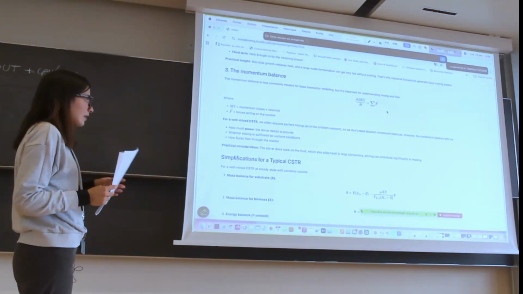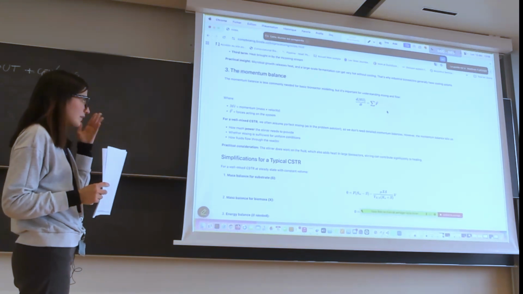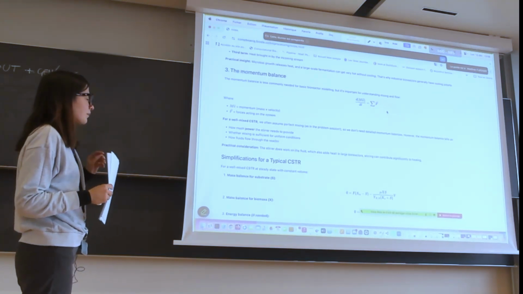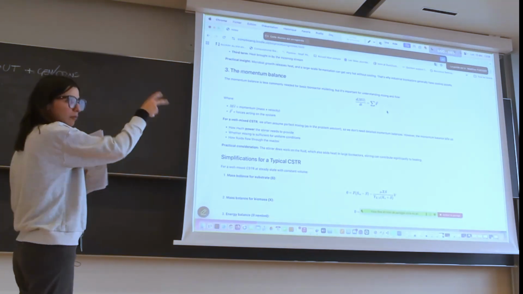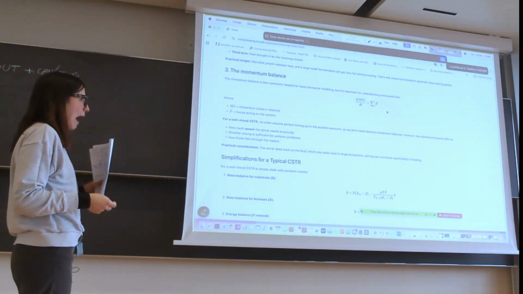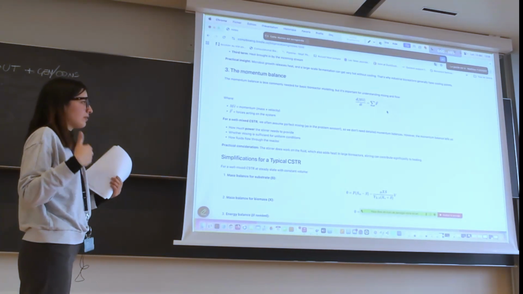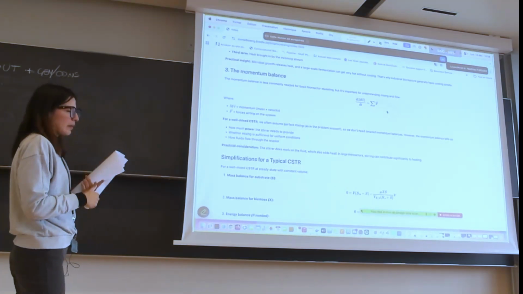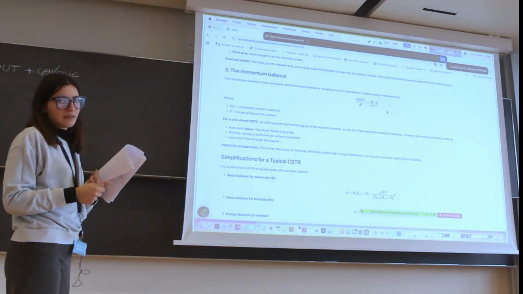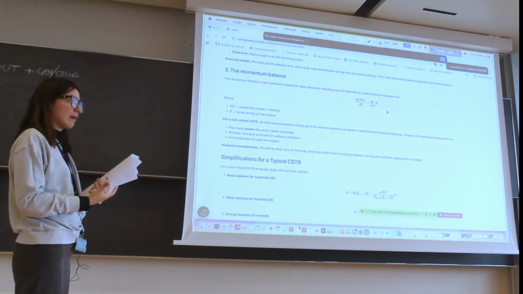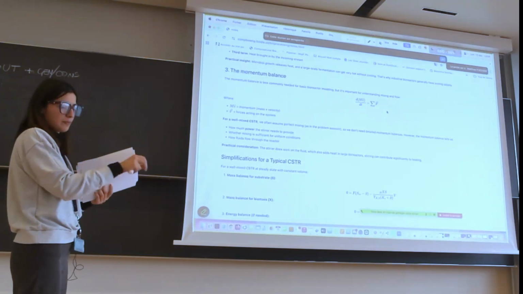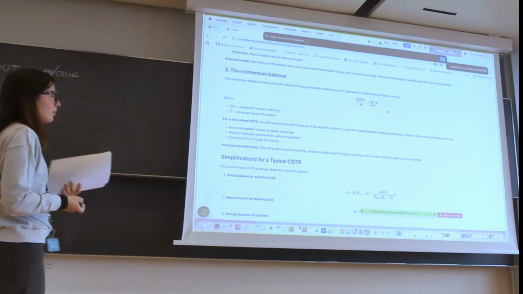And for example, some aspects can be taken into account by this kind of balance. As we saw, the mass balance describes how the global mass or the mass of a specific component changes per unit of time.